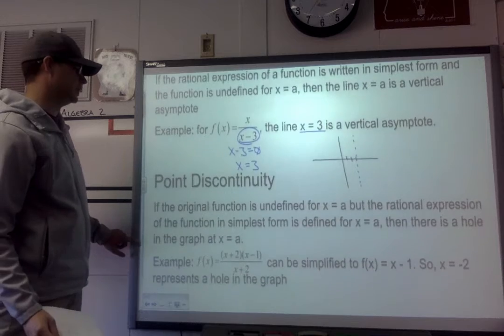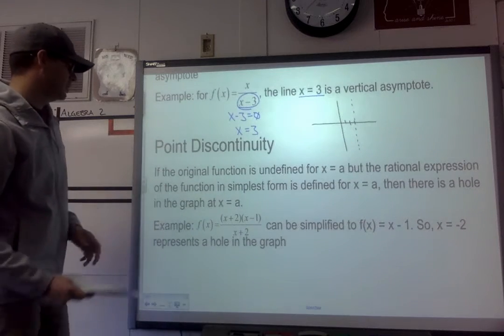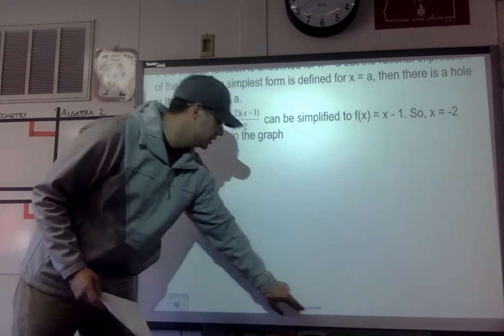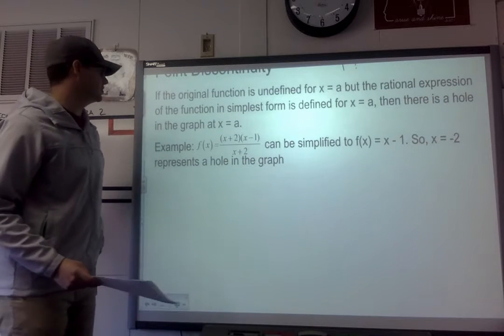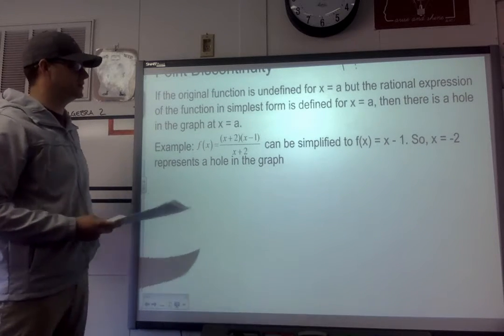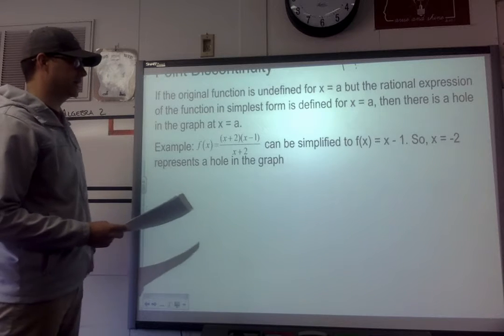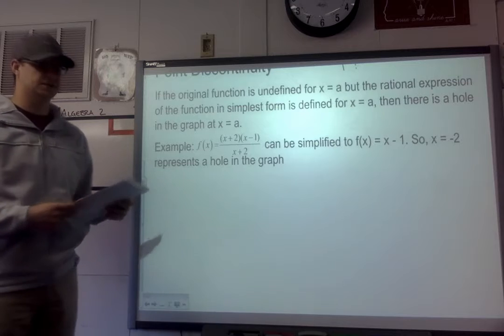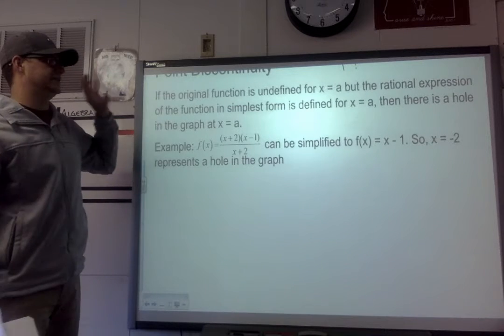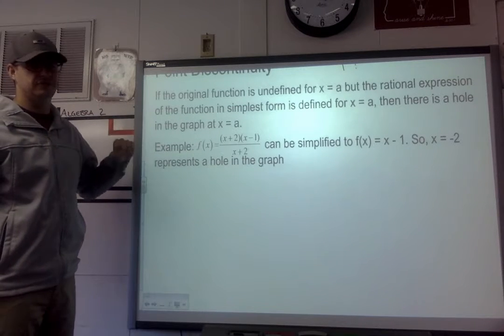Next we have point discontinuity. So this is where if the original function is undefined for x equals a, but the rational expression of the function in simplest form is defined for x equals a, then there is a hole in the graph at x equals a. Now, that's a lot of words and a little bit confusing.